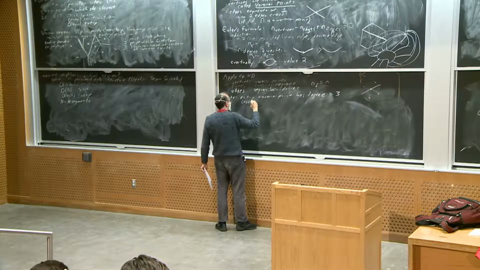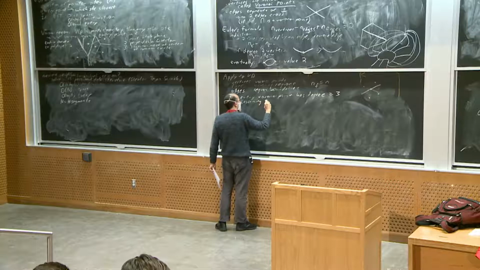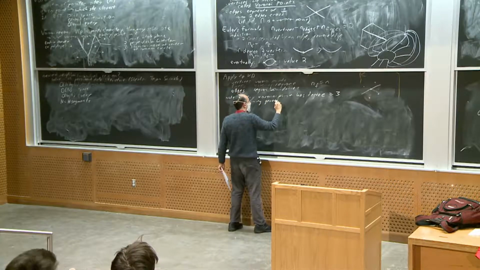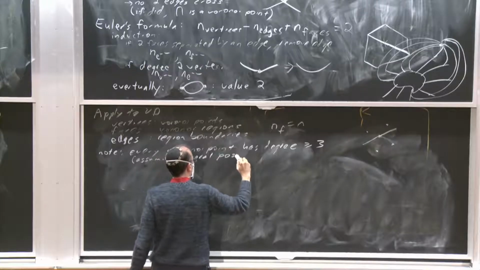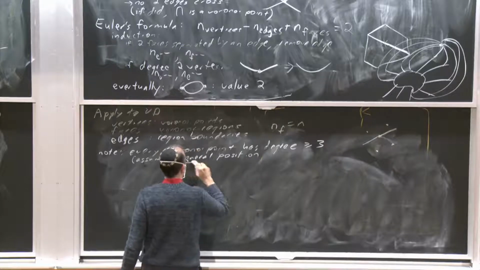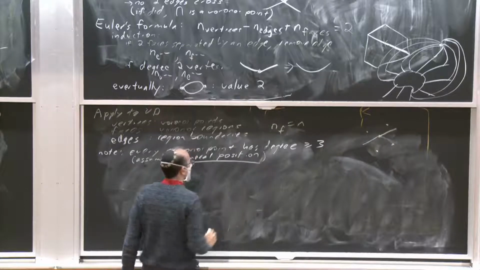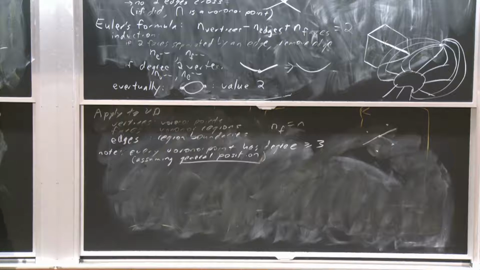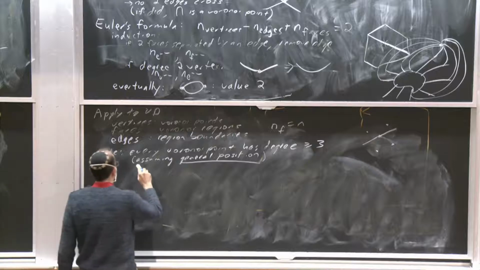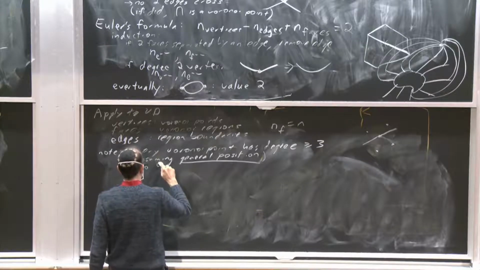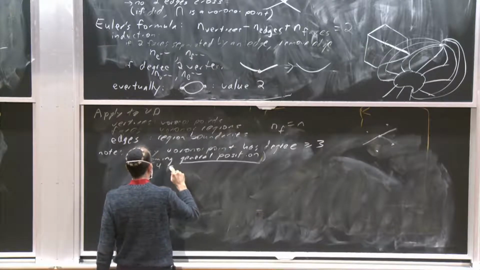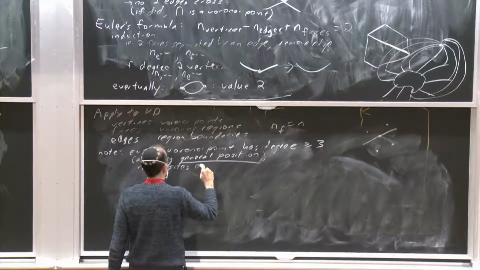The caveat I'm going to add here is assuming what we call general position. General position says that the points aren't perfectly aligned to make pathological situations. In particular, no four sites can be on a circle.